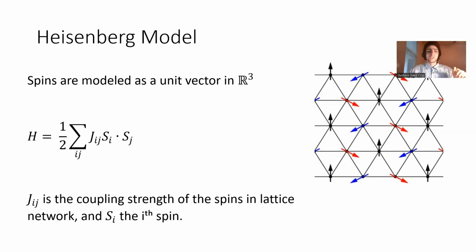J can take on any value you want to model, but for our purposes, J is always going to be either zero if they are not connected or unity if they are connected. So it is essentially the adjacency matrix of whatever lattice we're working with. S is the unit vector that represents a spin at the ith location.